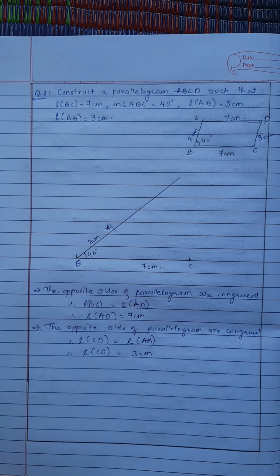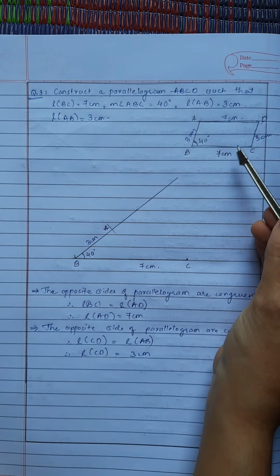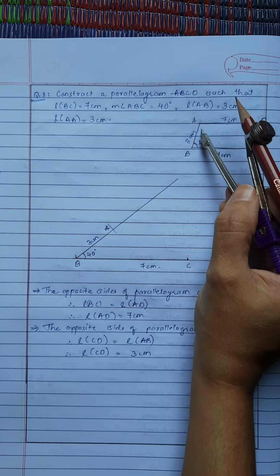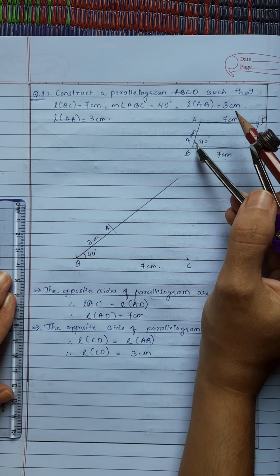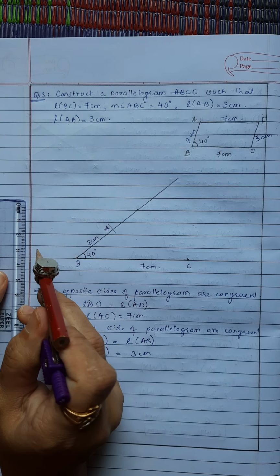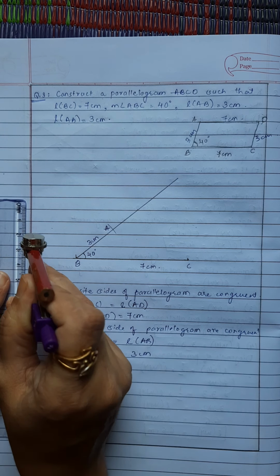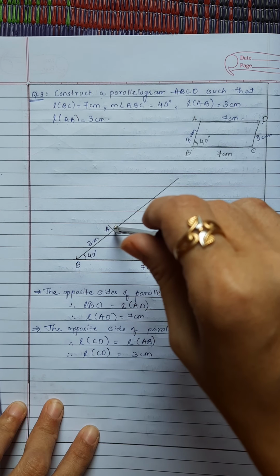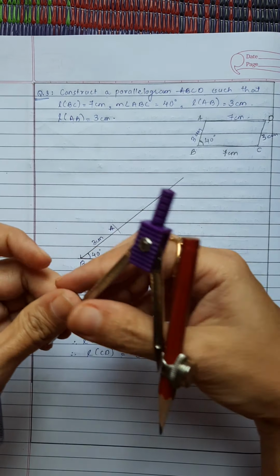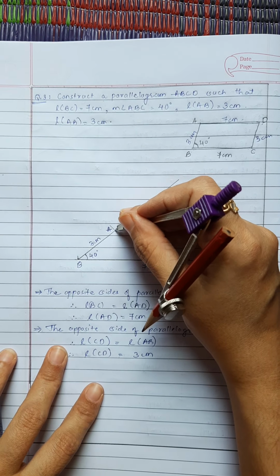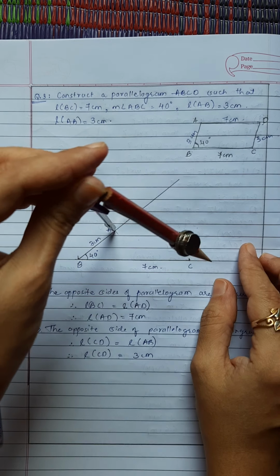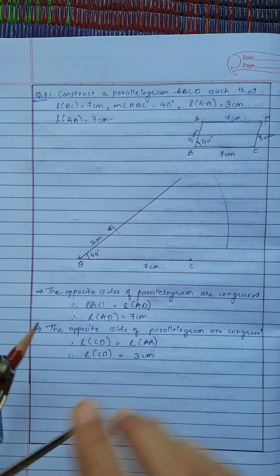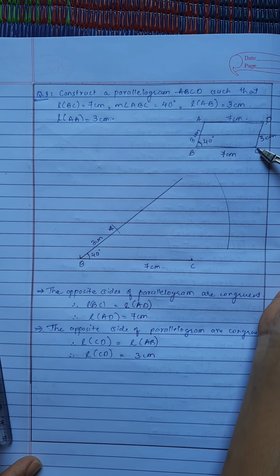Now it becomes easy to get vertex D as it measures 7 centimeters from vertex A. So take 7 centimeters in the compass, 7 centimeters till here, keeping on vertex A, we will draw a big arc here, and now 3 centimeters for CD.